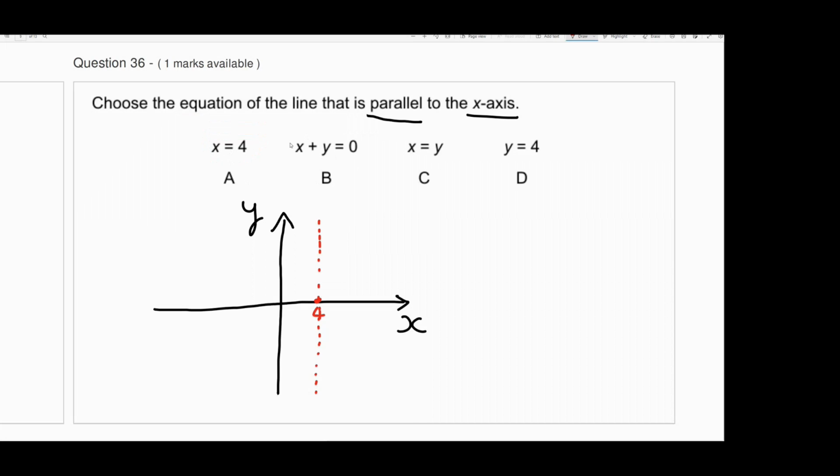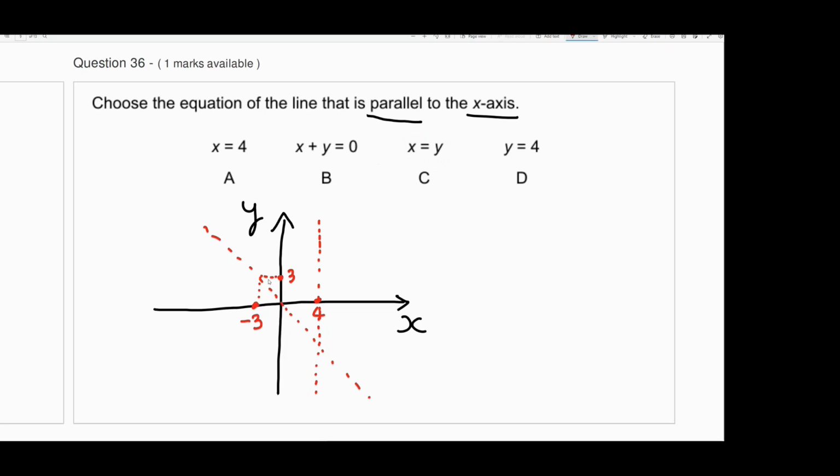Right, the next one, x plus y equals 0. Well, that's going to be this line. Because on this line, if I add up the x value, so let's say that's -3, then that means the y value is 3. They add up to 0. Now that line isn't parallel to anything, so that's not going to help me.